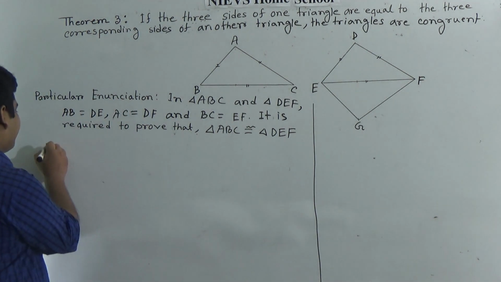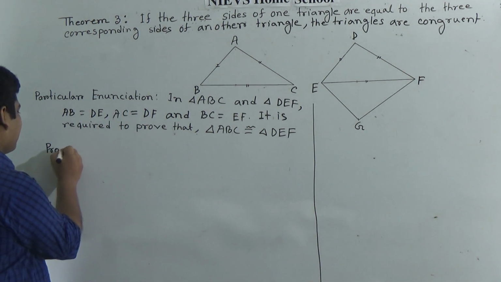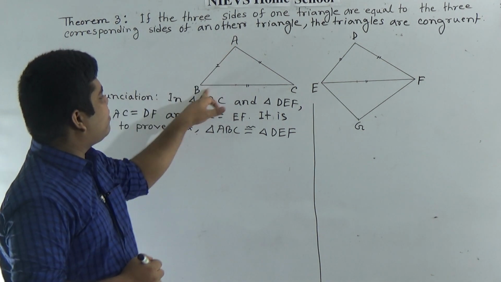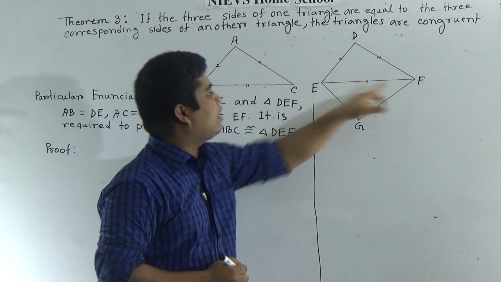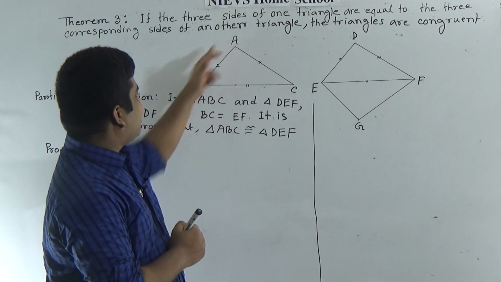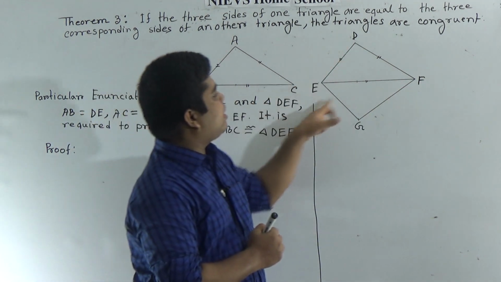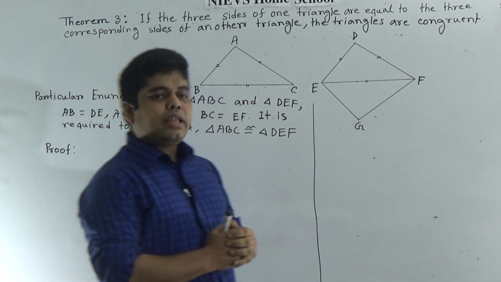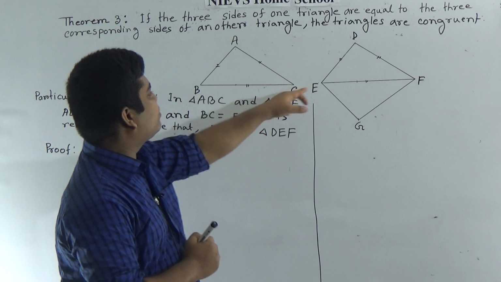You write proof. My dear students, please notice this triangle ABC and this triangle DEF. In triangle ABC and triangle DEF, BC and EF are the largest sides of these two triangles.